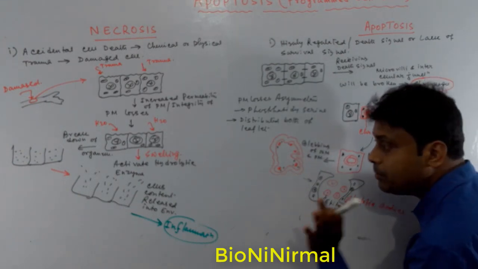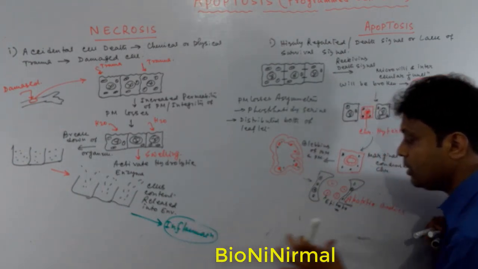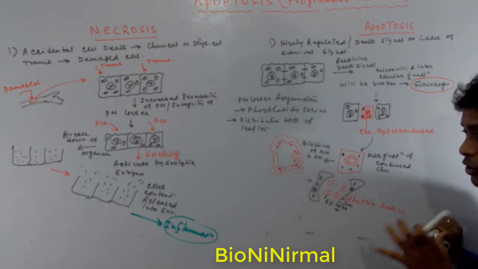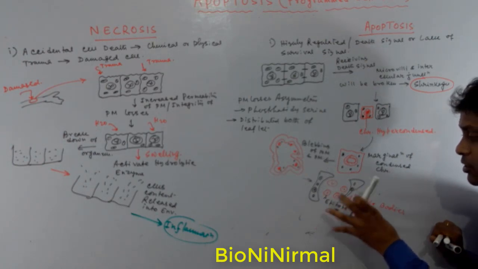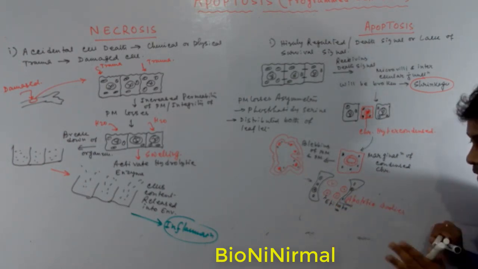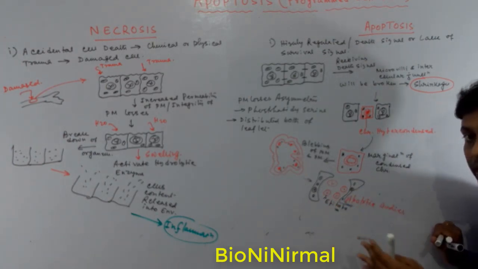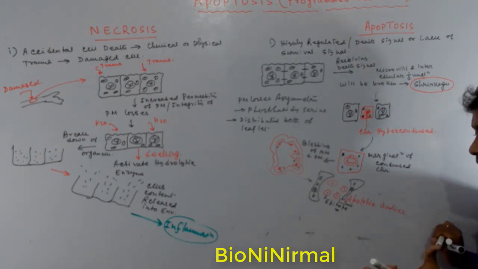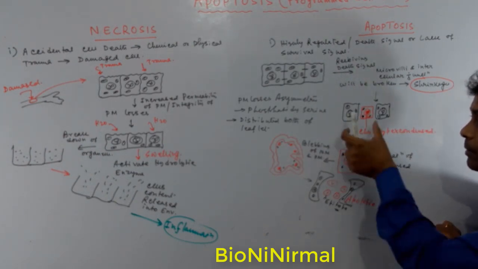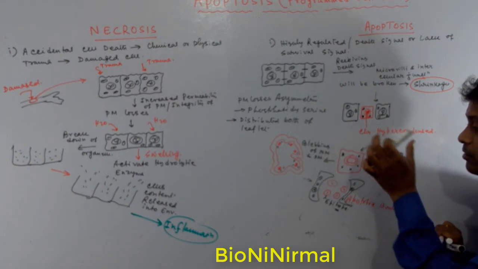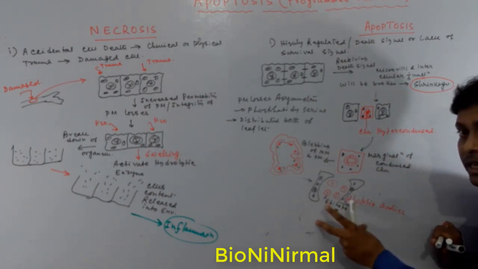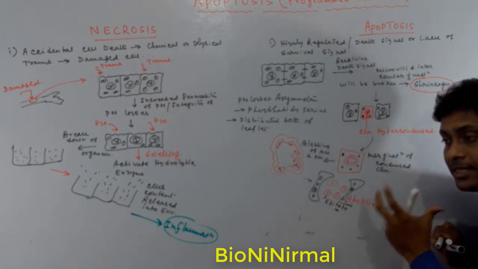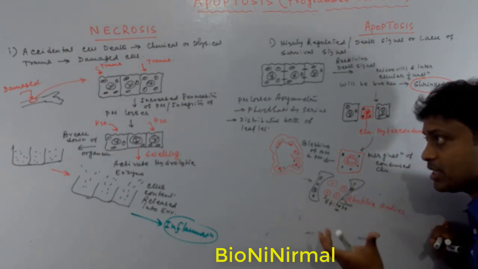And during the time of necrosis the inflammation occurs, but apoptosis does not cause any inflammation, and usually the phagocytosis occurs because these apoptotic bodies actually display the epitope, which actually attracts the phagocytic cell, and which actually attracts the neighboring cell to phagocytose, okay. So this is actually called the programmed cell death, and by this way a cell actually commits suicide, okay.